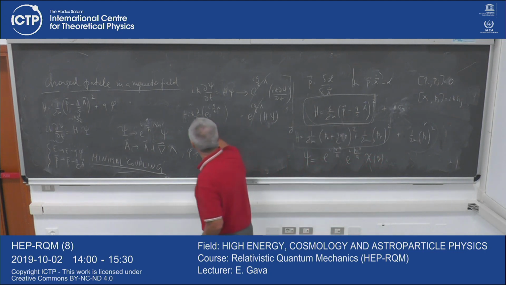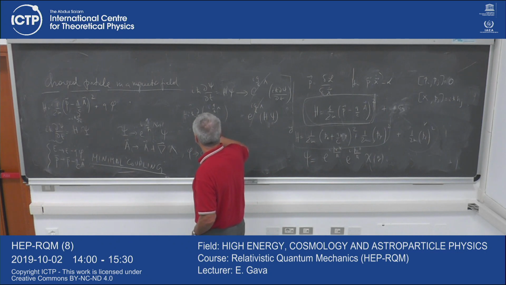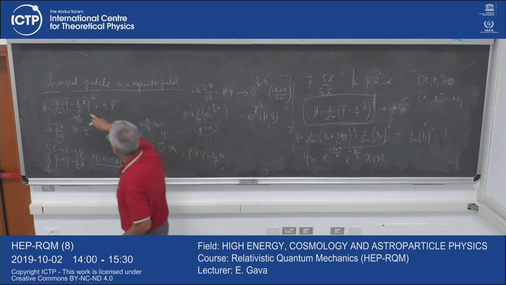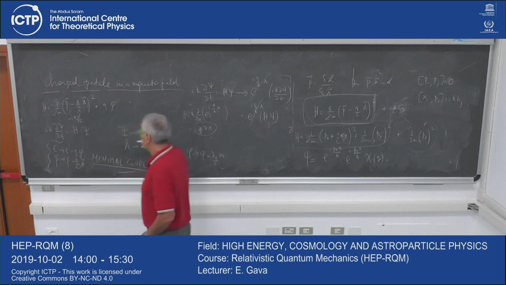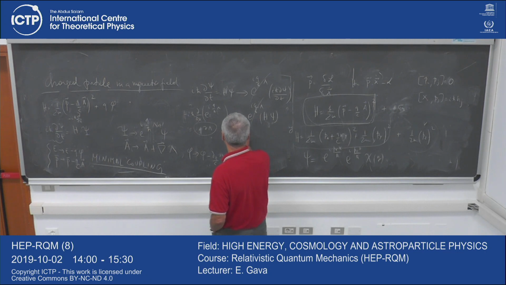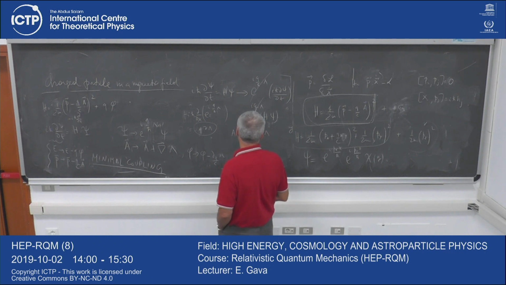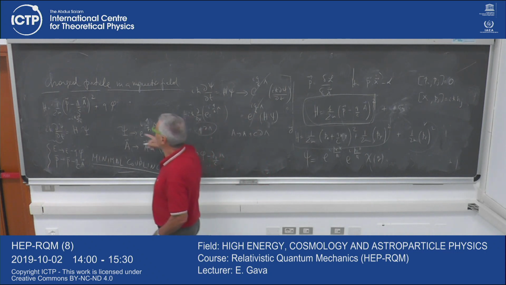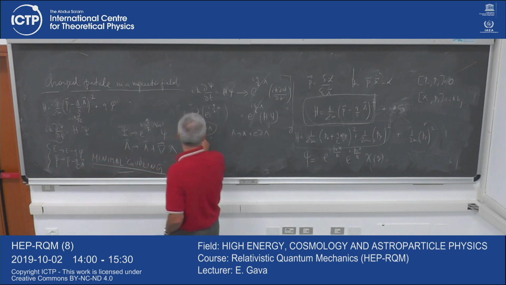So this is the term that I want to cancel by shifting A with something which is again a derivative of lambda. So if I send A to A plus presumably C times d lambda, this should cancel this term.